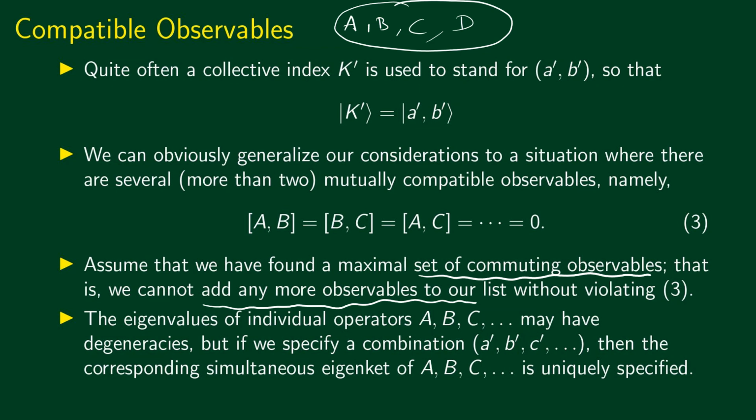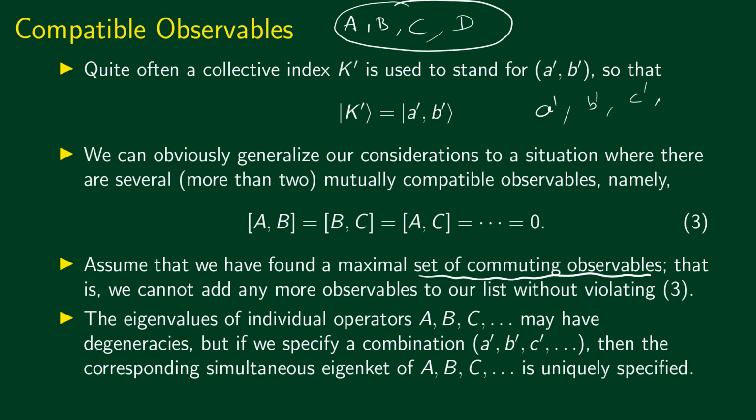Now, these A, B, C, etc. are a compatible set of observables. The eigenvalues of individual operators may have degeneracies. Maybe there is more than one eigenket with eigenvalue A prime. Then we can specify the state by giving the eigenvalue of B also, in addition to the eigenvalue of A. Still there could be some degeneracy, and then we can use the eigenvalue of a third operator.